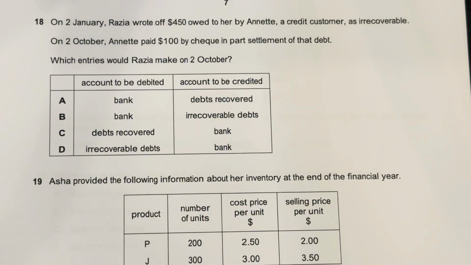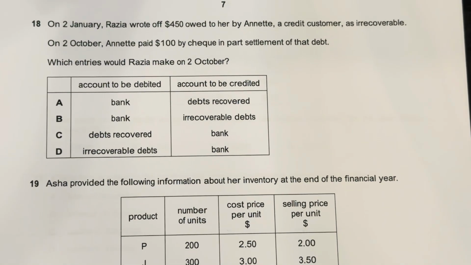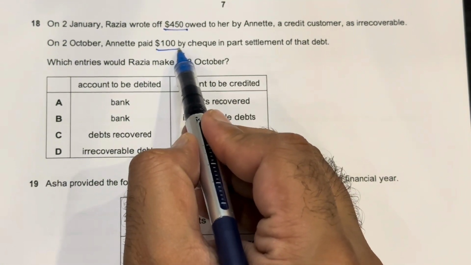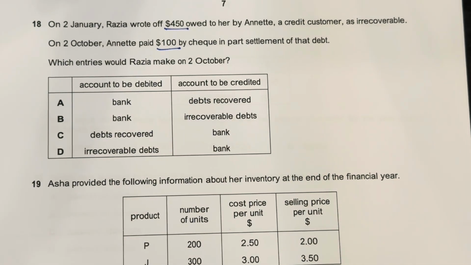On 2nd January, Razia wrote off 450 owed by Annette, a credit customer, as irrecoverable. On 2 October, Annette paid $100 by cheque in part settlement of that. Annette owed 450, but in part settlement she paid $100. Which entries would Razia make on 2nd October?